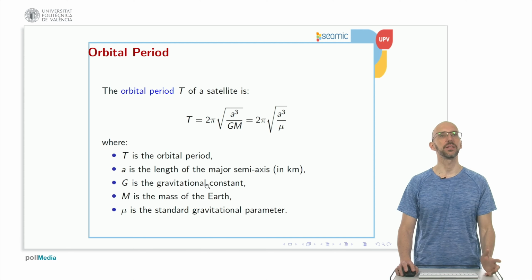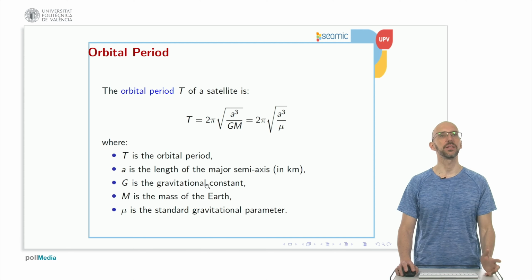Be careful, I'm being a little bit risky here because I just used the mass of the Earth. M could be the mass of the main body around which we are orbiting. It could be Earth, the Sun, Mars, Jupiter, I don't know. So M is the mass of the main body we are orbiting.